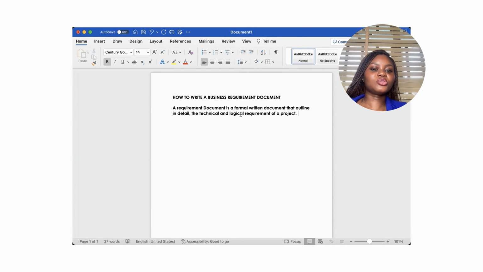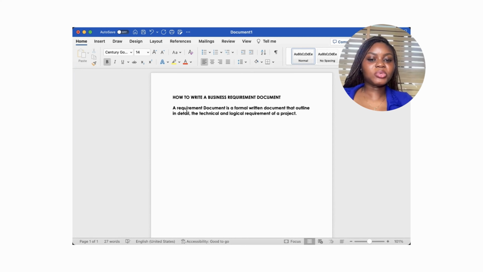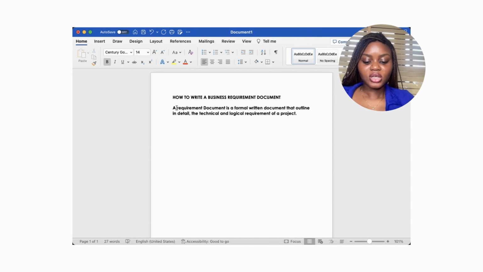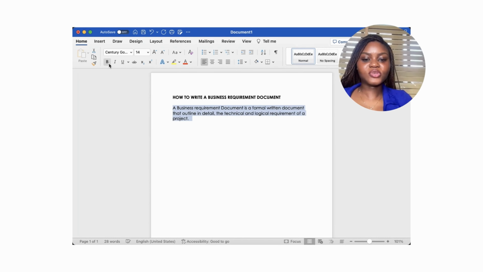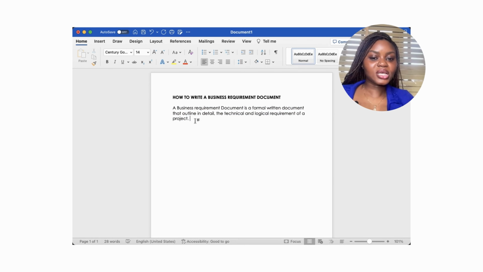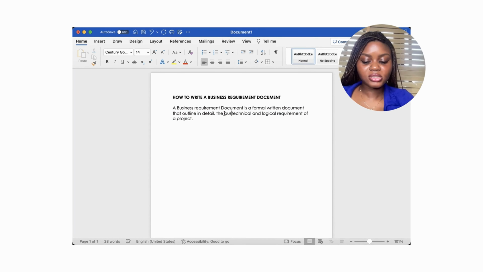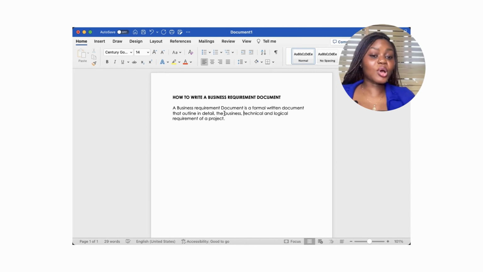If it's a business requirement document, it outlines in detail the business, technical, and logical requirements of a project.